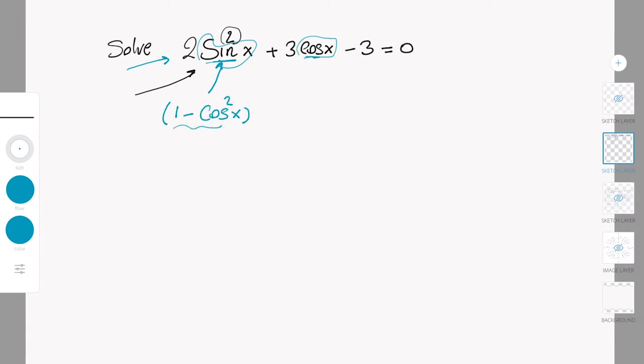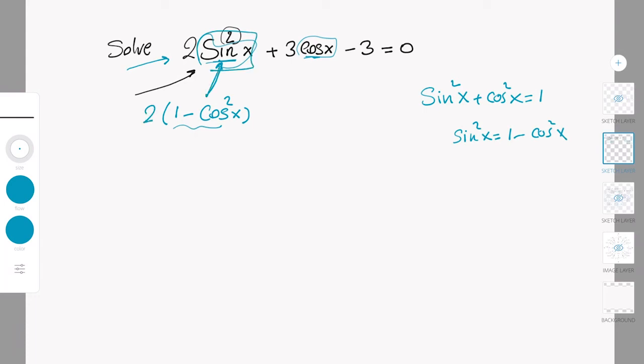Where is this coming from? From the first identity. We know sine squared of x plus cosine squared of x equal to 1. Then if you solve for sine squared of x, it will be 1 minus cosine squared of x. So instead of sine squared of x, I will plug in 1 minus cosine squared.